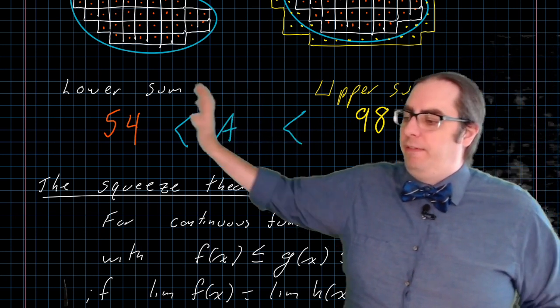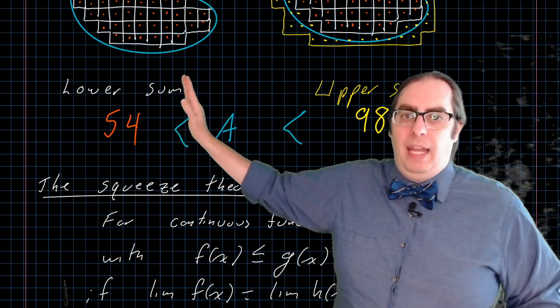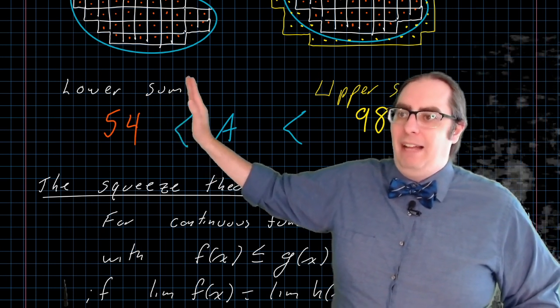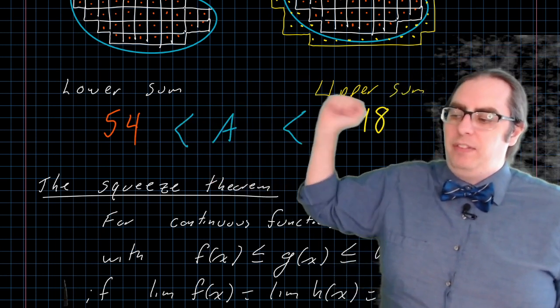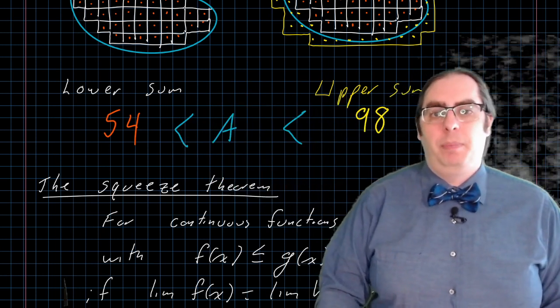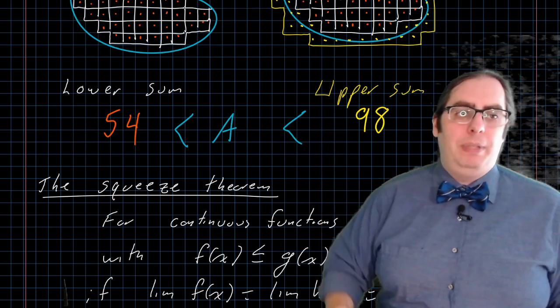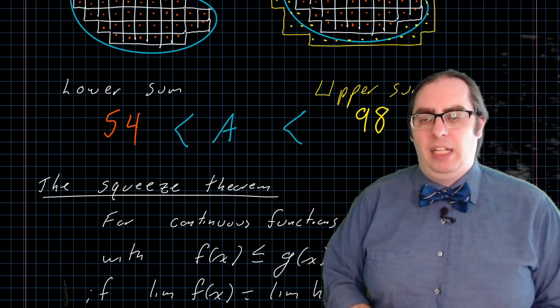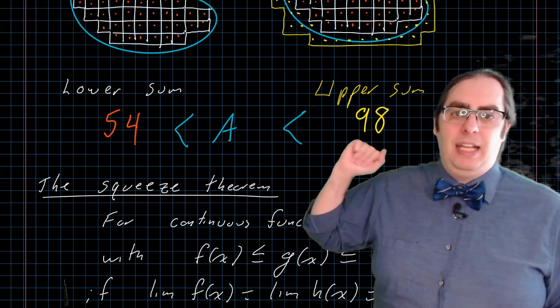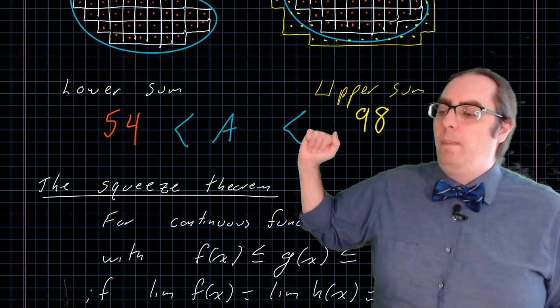And as we divide this up smaller, until we have infinitesimally small pieces, those sums will meet in the middle. The limit, as the number of divisions goes to infinity, of the lower sum and the upper sum will be equal.